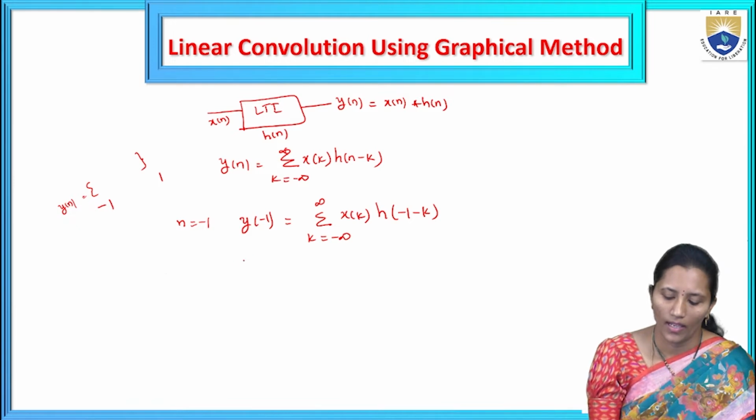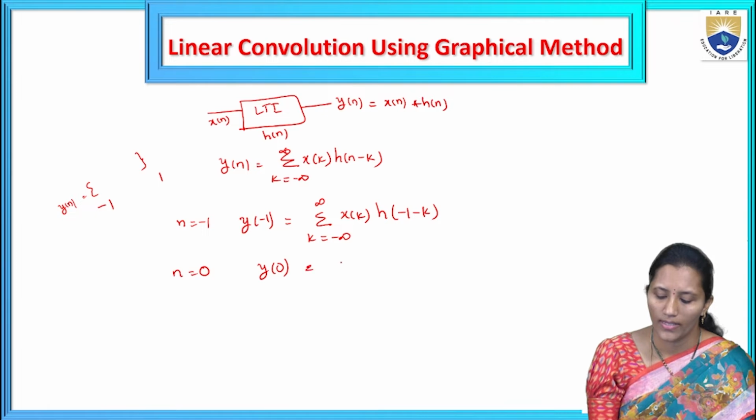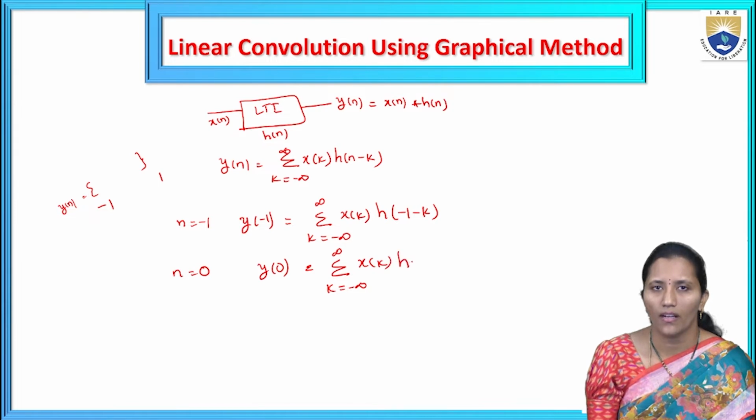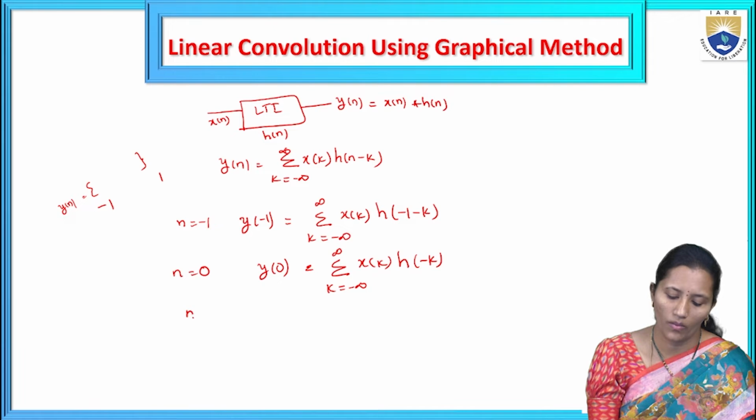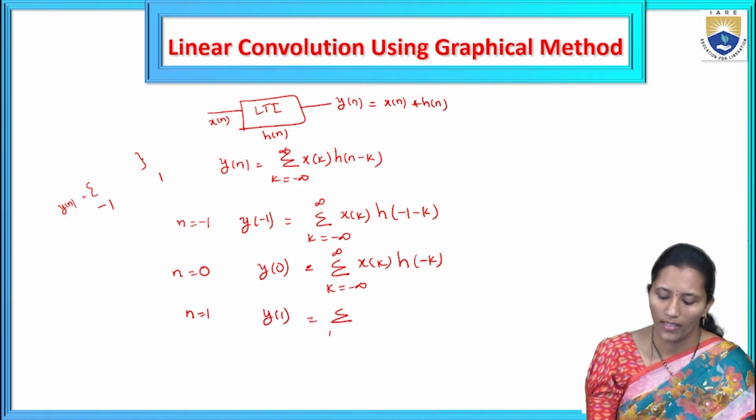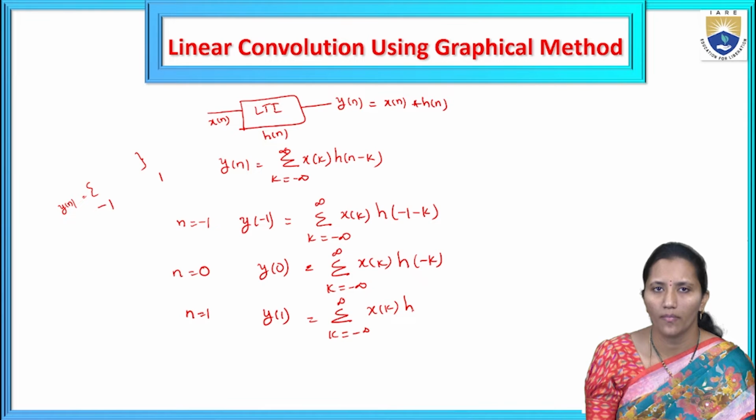And for n equal to 0, y of 0 is equal to sigma k equals minus infinity to infinity x of k into h of 0 minus k. For n equal to 1, y of 1 is equal to sigma k equals minus infinity to infinity x of k into h of 1 minus k.